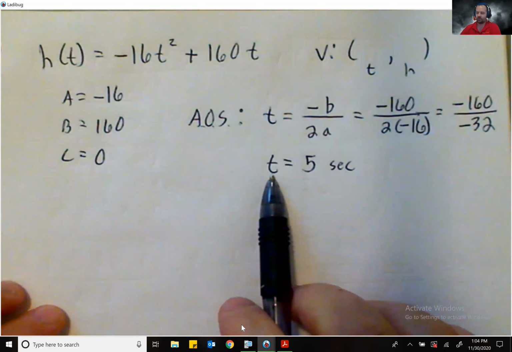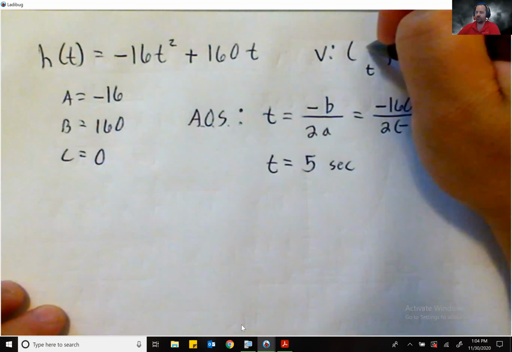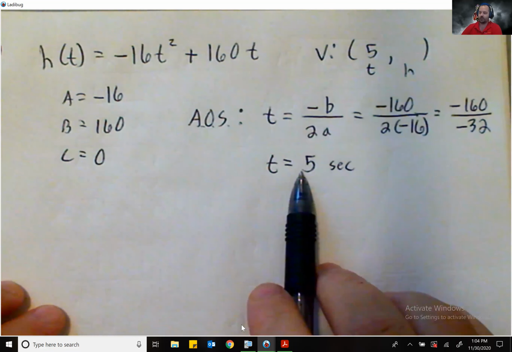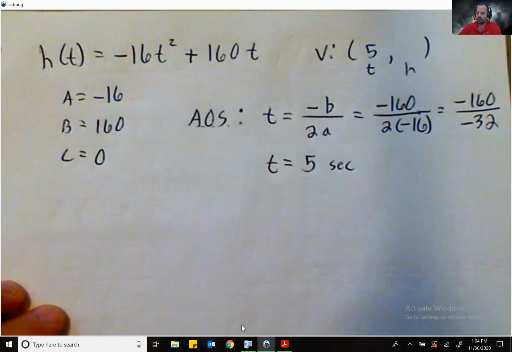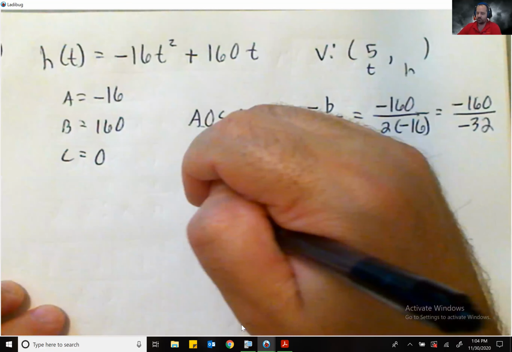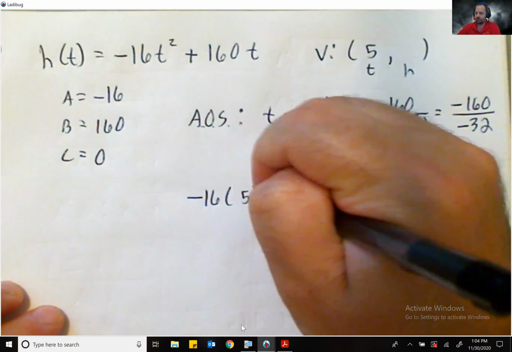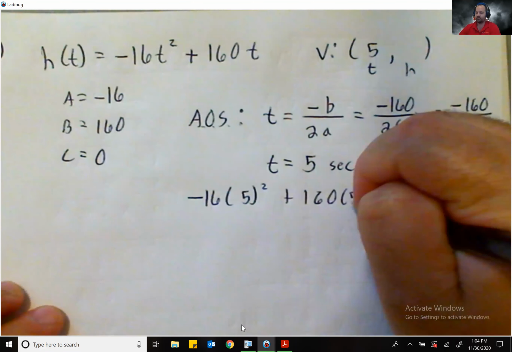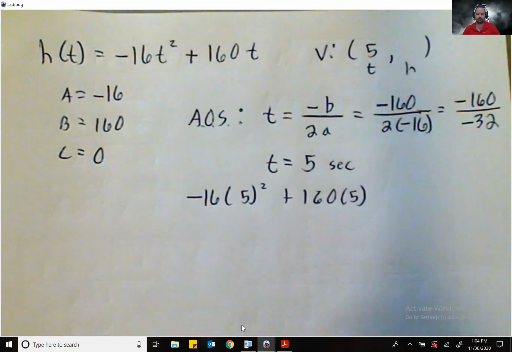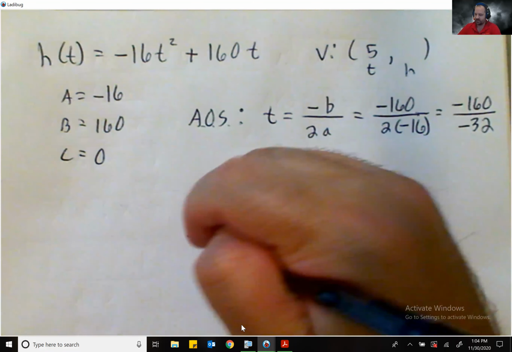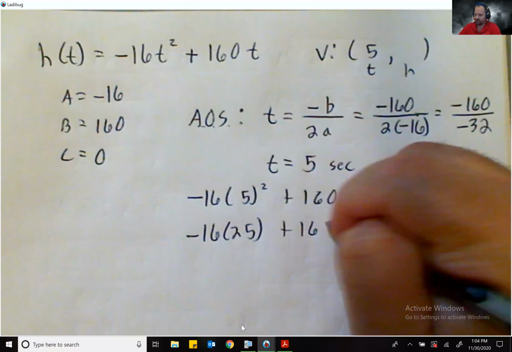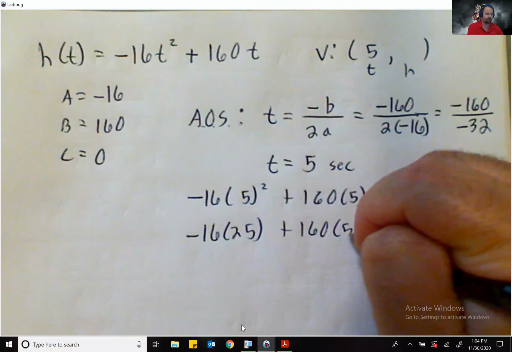But that's not what we're after. We're after the h. So in order to get the h, plug back in. Negative 16 times 5 squared, plus 160 times 5. So that's negative 16 times 25 plus 160 times 5.